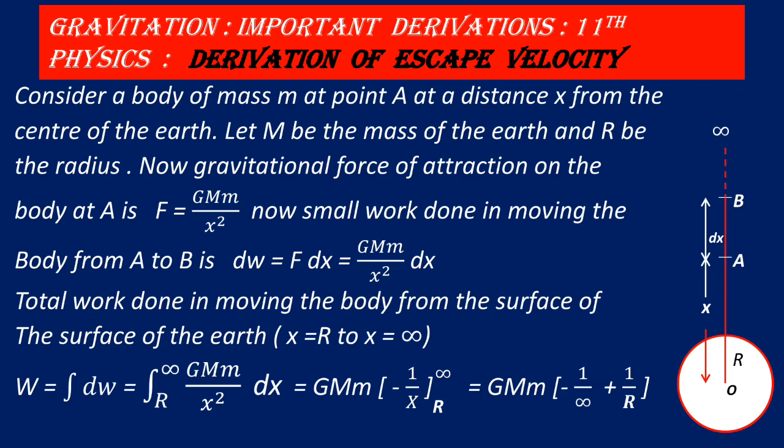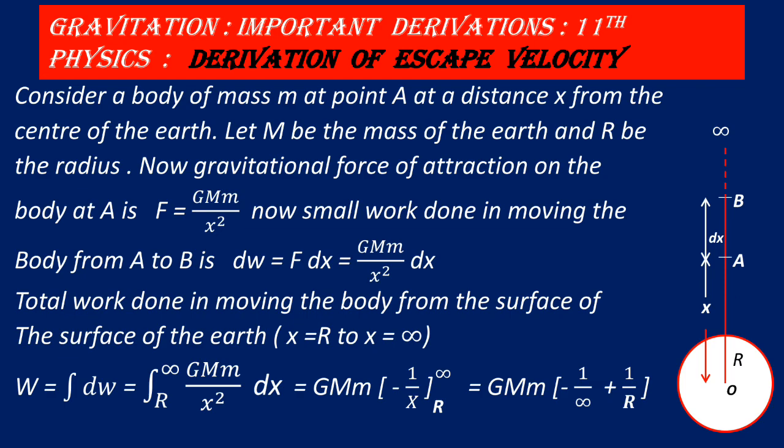Now total work done in moving the body from the surface of the earth, that is from x equal to R to x equal to infinity, is given by W equal to integral of dW within the limit of R to infinity. So it becomes W equal to integral of G Mm by x square dx.